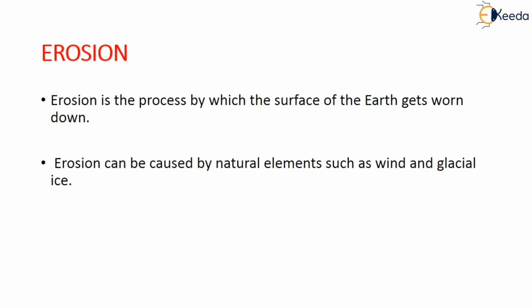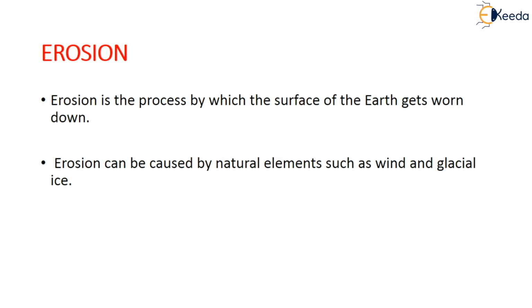Coming to erosion, what do you mean by erosion? Erosion is a process by which the surface of the earth gets worn down. Like the surface will get washed off. This is mainly caused by natural elements such as wind and glacier ice.